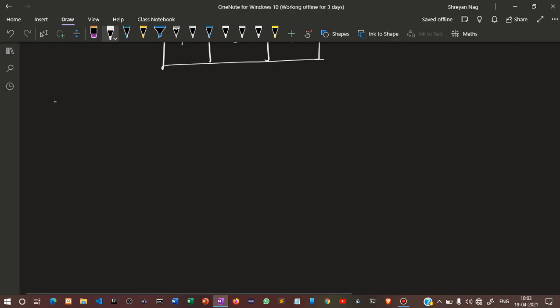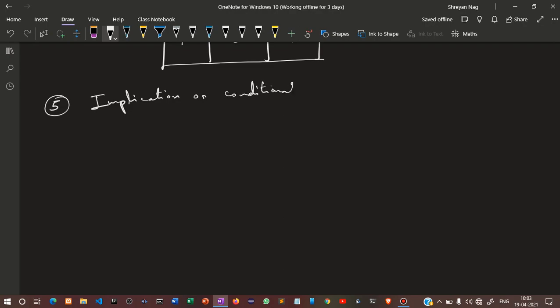Next, implication. Implication is also known as conditional connectives. So what is conditional connectives?